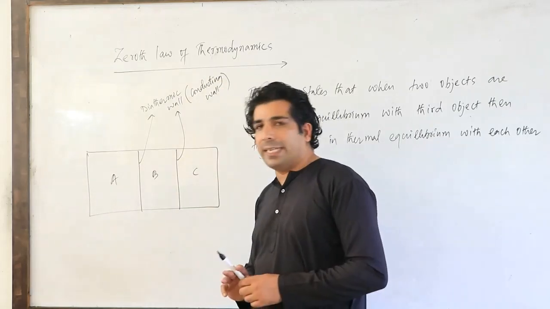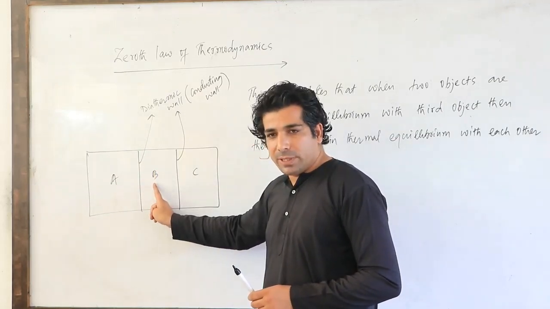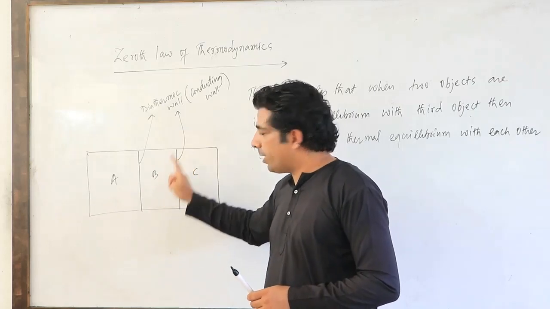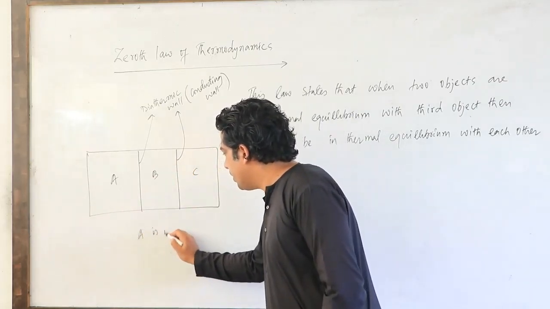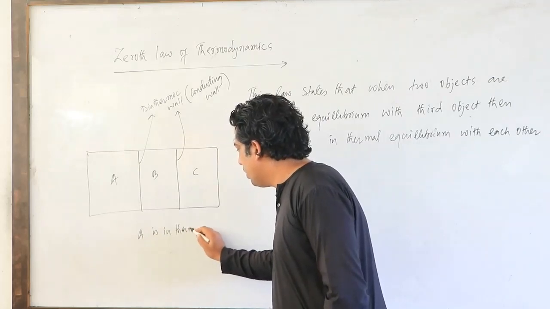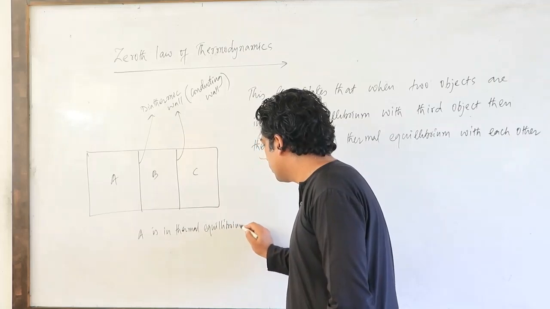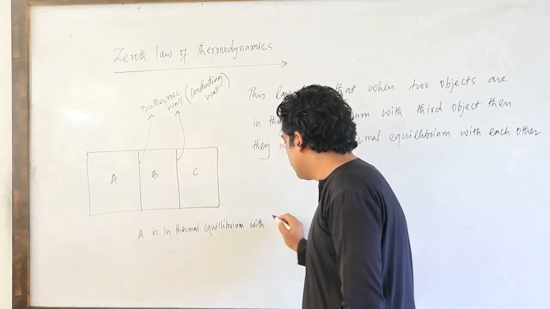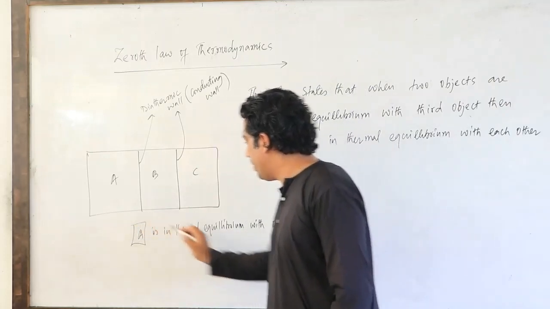So my dear friends, let us suppose A is in thermal equilibrium with B and C is also in thermal equilibrium with B. So I'll write down here, A is in thermal equilibrium with B. So there is a thermal equilibrium between A and B.